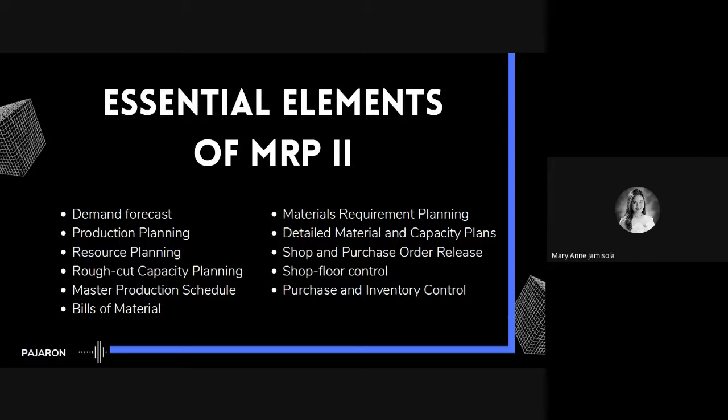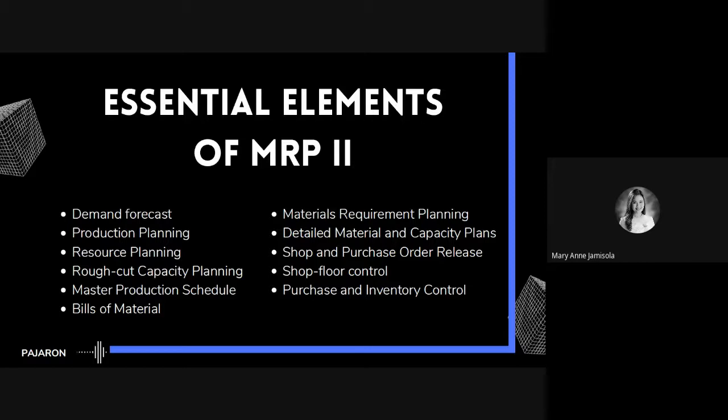Materials requirement planning determines component and material requirements on the basis of information from the master production schedule and the purchasing and inventory control function. So you can see that MRP1 is actually a part of MRP2, but MRP2 is much more than MRP1.